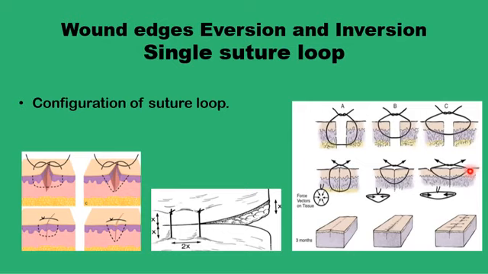Also, if you have a shallow surgical loop, again with less tissue in the bottom than at the top, you would risk having an inversion rather than an eversion.